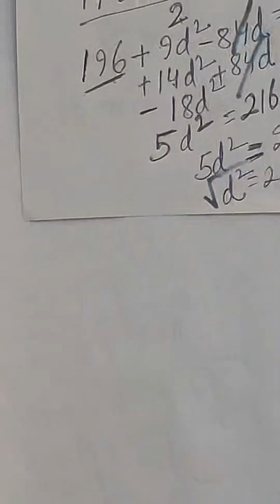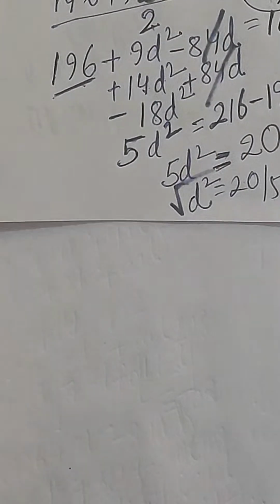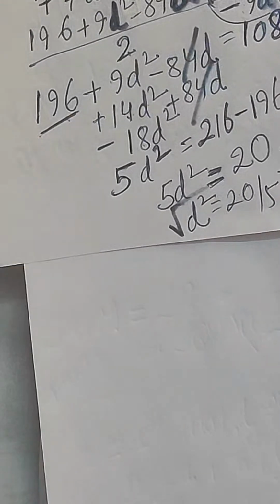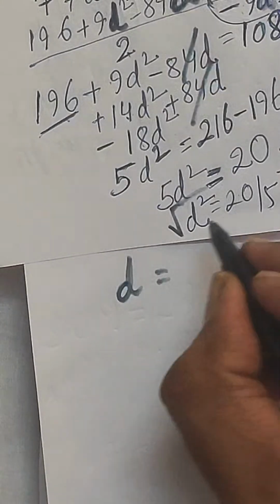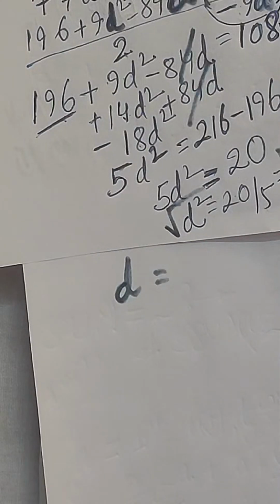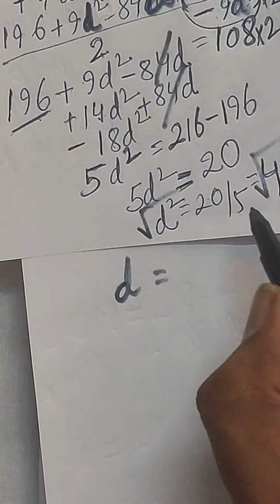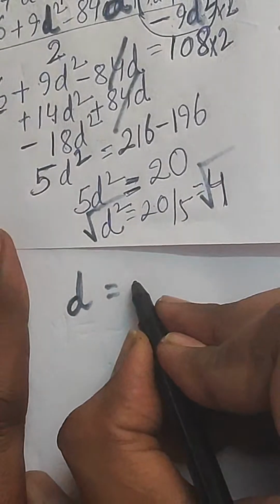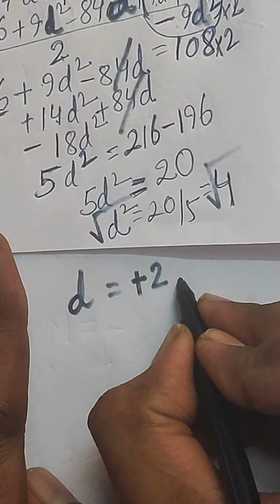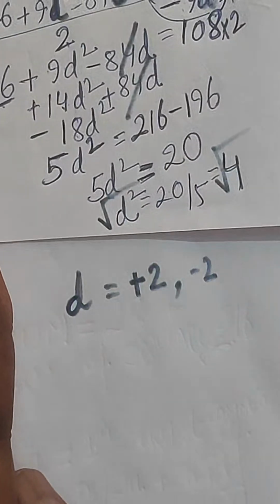So let me write it in a single page. So d square was coming as equal to 4. You can see the value of d is calculated as root of 4, right? And what is the value of root of 4? Root of 4 is nothing but it will give you two values, plus 2 and minus 2, right?